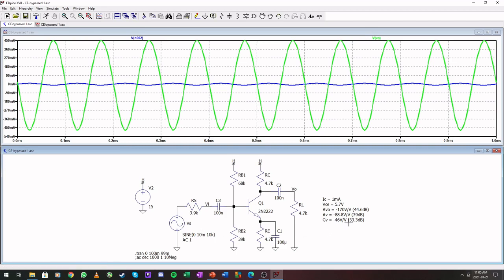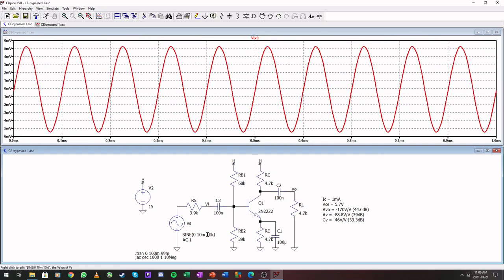Okay, so our GV is kind of accurate in this case. But I'm going to mainly use the AC analysis to look at AV0, AV, and GV from here on forward. But we can see that we kind of have nice sinusoids going on.